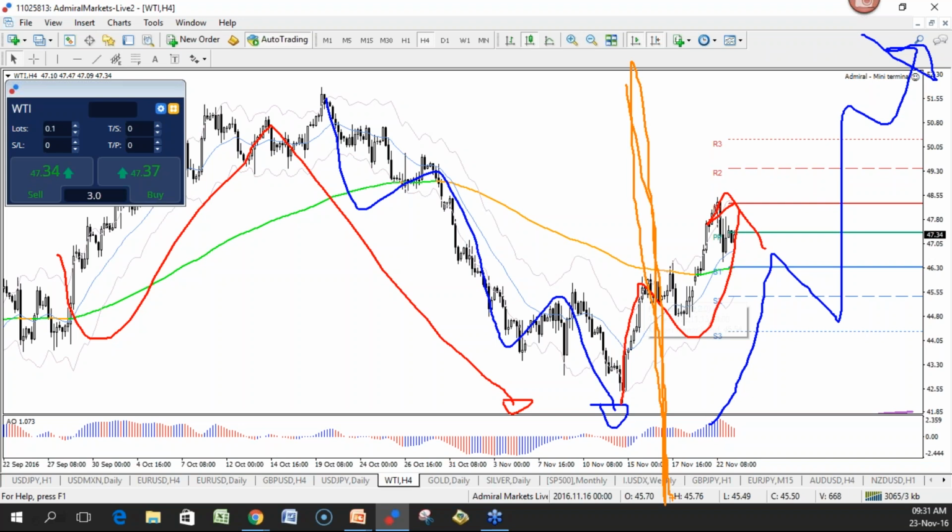We don't even have to use labeling to understand that there could be some benefit of understanding the waves and momentum and correction in general. And that is that one more upside in both scenarios is likely. So that's something where we could use patterns and use waves to understand that oil will probably make one more upside there.